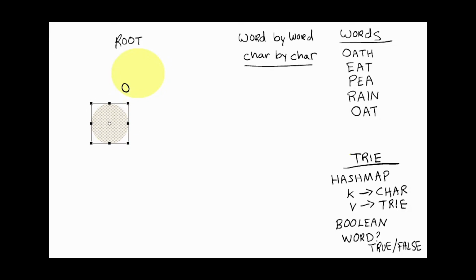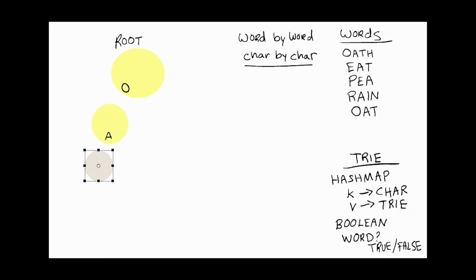And then that trie will be our current trie. So then we're going on to the A letter, and we'll say, does A exist as a key in this trie? No, it doesn't. So we'll make A as a key, and then its value will be a new blank trie. And then this will be our current trie.